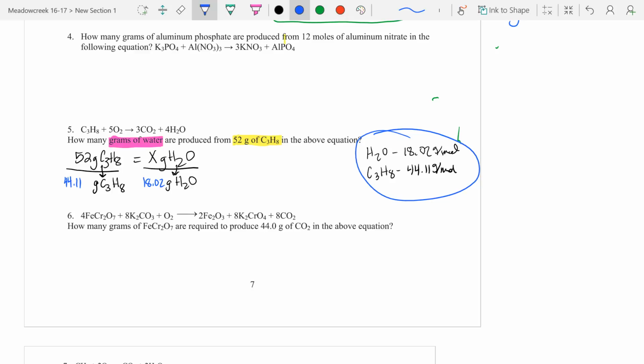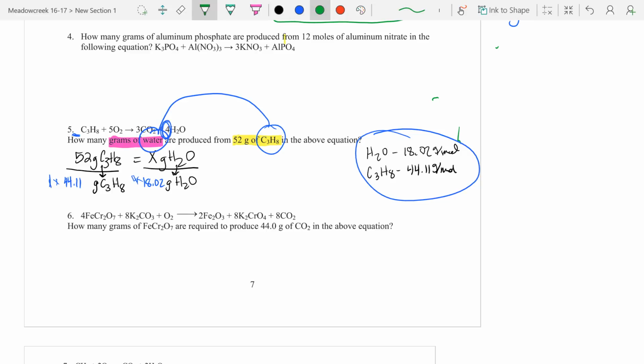And now, again, because we're going from one compound, C3H8, into another compound, we're converting, kind of like if I was converting from dollars to pounds, or dollars to pesos, or dollars to rubles, we would use a conversion factor. We're doing the same thing. And in this case, our conversion factor comes from the moles in our balanced equation, where there's only 1 mole for C3H8, but there are 4 moles for water.